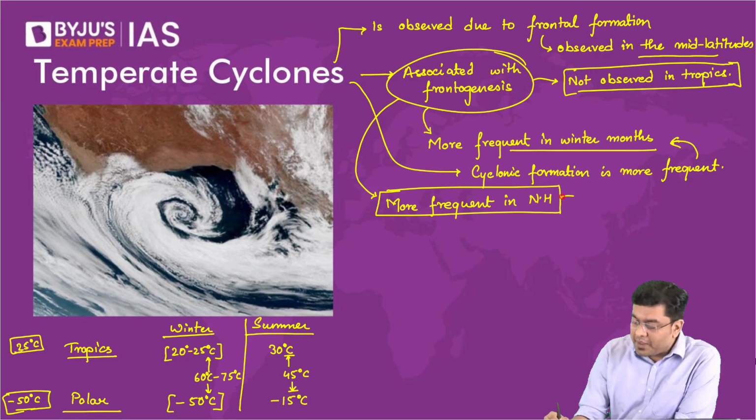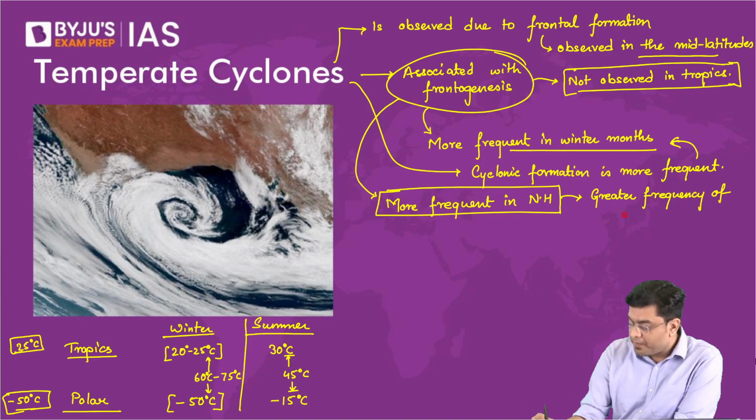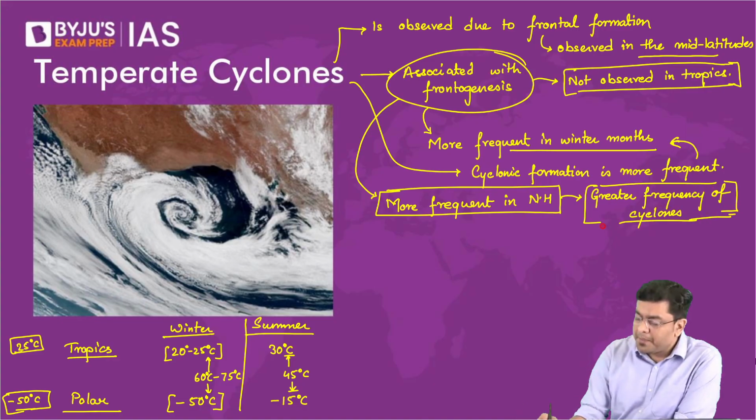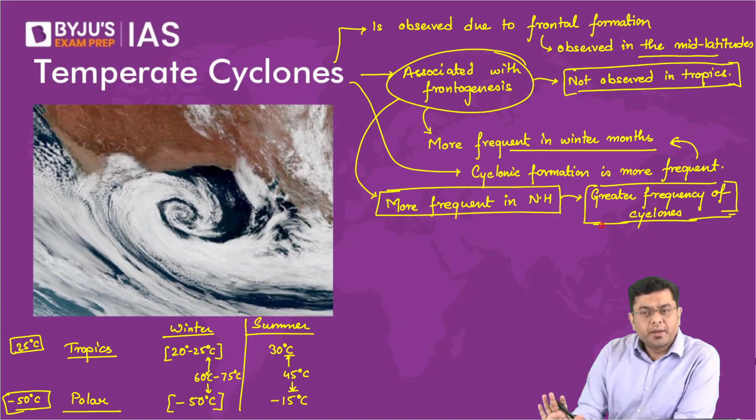So that means greater frequency of cyclones. There will be a greater frequency of cyclones. Where? In the northern hemisphere. Perfect. No confusion up till this point of time in this basic portion.